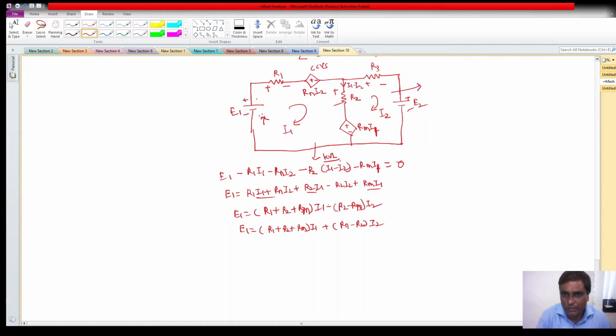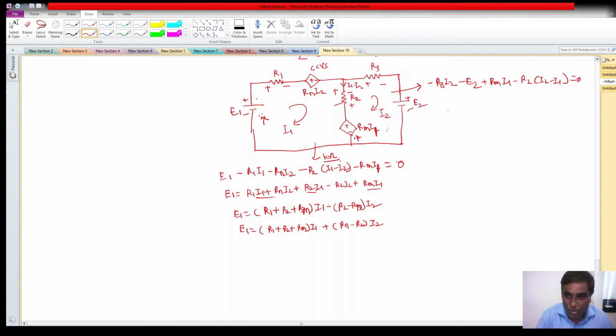Now I can write for mesh 2. The same KVL I will apply here. Let me start from R3, so it is minus R3 into I2, again a drop, so minus E2. Coming here there is a rise, so plus Rm I1, and going this way there is a drop, so minus R2 into I2 minus I1, equal to 0.